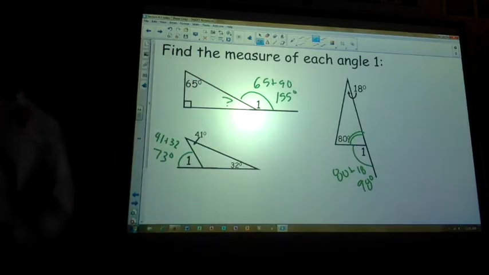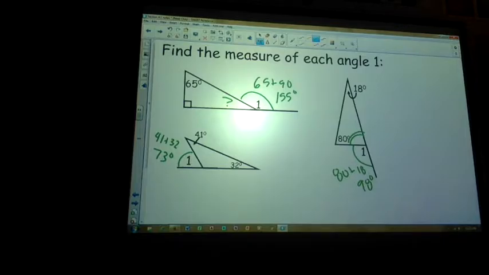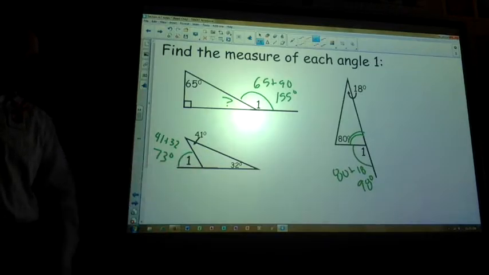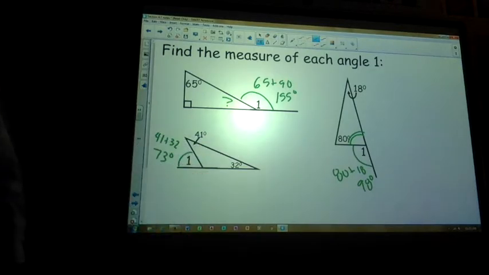So you'd easily be able to find it. So that would be what? 25. Yeah, 25 there. This one would be 107. And that last one is 82.